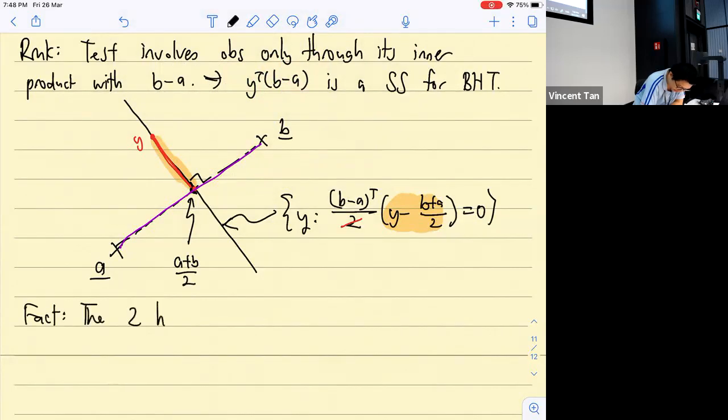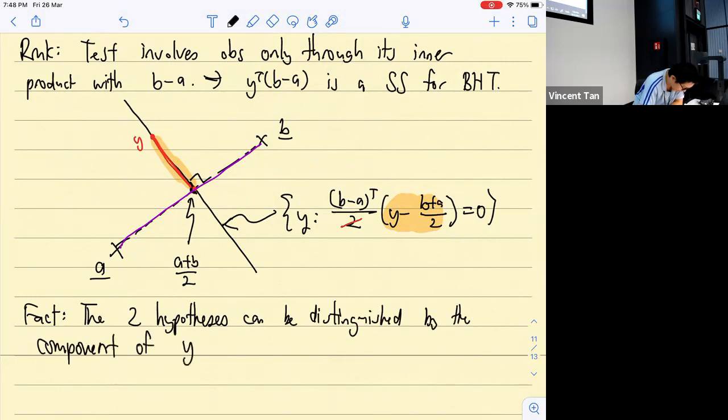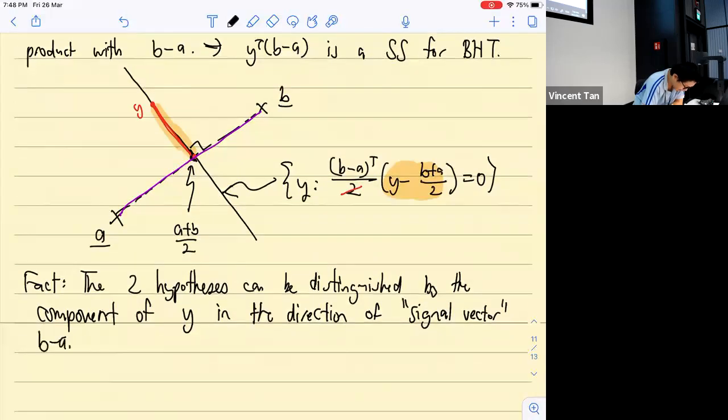The two hypotheses can be distinguished by the component, or the projection if you wish, of the observed vector y in the direction of the signal vector, which is B minus A. Okay.